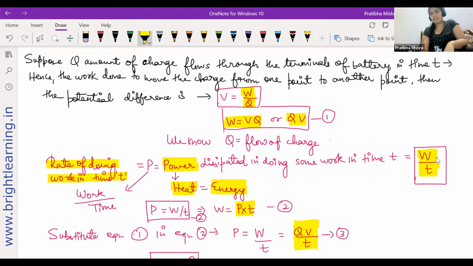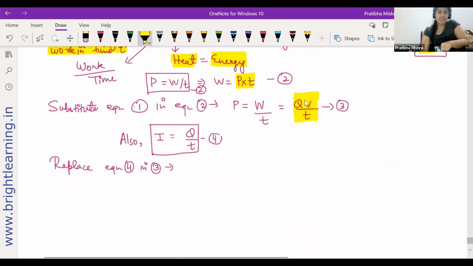In this equation, which is my equation 2, I'm substituting W as VQ. So I'm getting QV by T or VQ by T. That becomes my equation number 3. And I also know that current is flow of charge in some time, where flow of charge is denoted by Q. So I is equal to Q by T. I will replace equation 4 in 3.